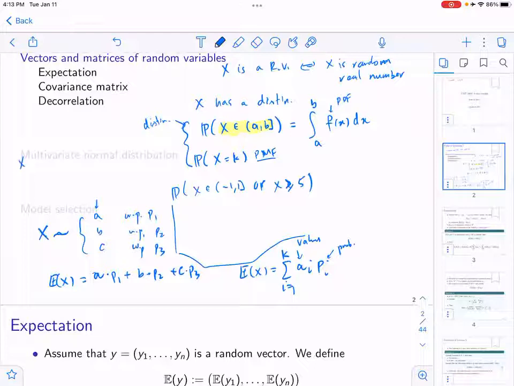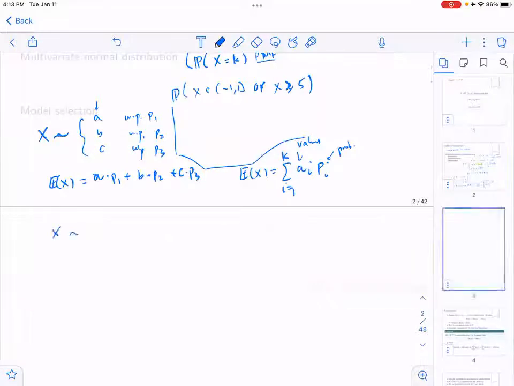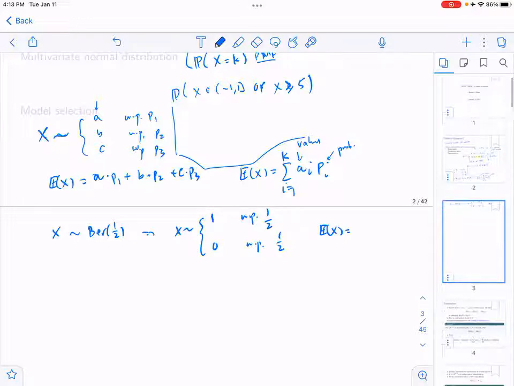The easiest way to see this is with a coin. Say X is Bernoulli 1/2. This means that X takes value 1 with probability 1/2, and 0 with probability 1/2. So what is the expectation of X using that formula? 1/2 times 1 plus 0 times 1/2, so it'll be 1/2, right?